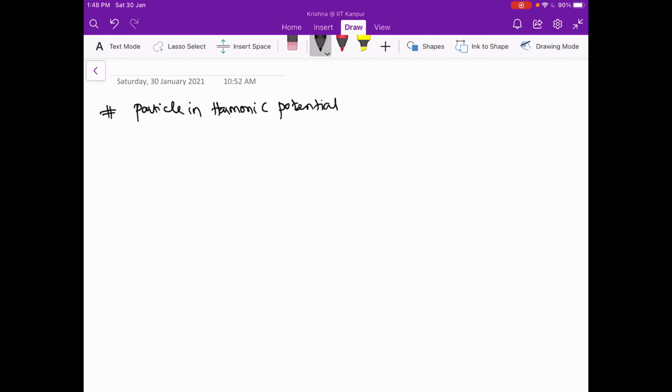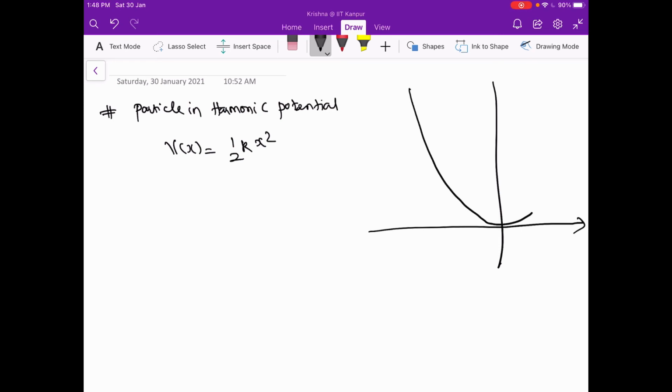a harmonic potential has a form something of V of x is half k x square, k being a constant determined by the potential, right?